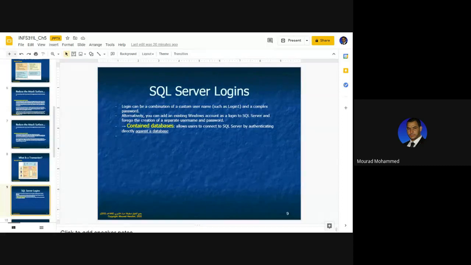Because logins themselves have no access to any specific database. Our context is SQL Server, but it is valid for all professional databases, database management systems. They allow only for connection, in this context, to the SQL Server instance. Okay, being connected, that's it.